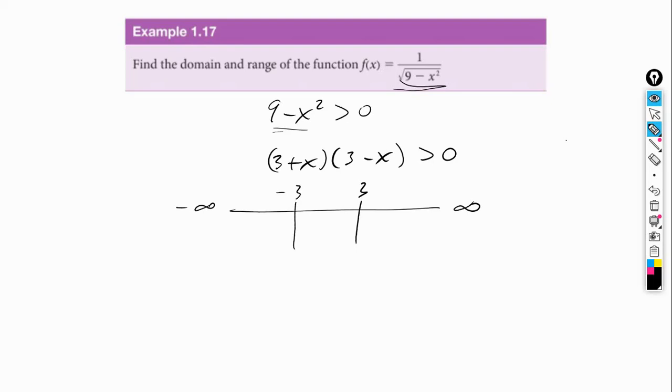Okay, so what happens if we plug in a value that is less than -3? Let's say -4. So if we plug in -4 instead of x, we're going to get a negative number, right? Because 3 minus 4 is -1, and 3 plus 4 is 7. We're going to get a negative value. And so forth for anything that is less than -3. But if we test a value that is between -3 and 3, like say -2, what are we going to get?